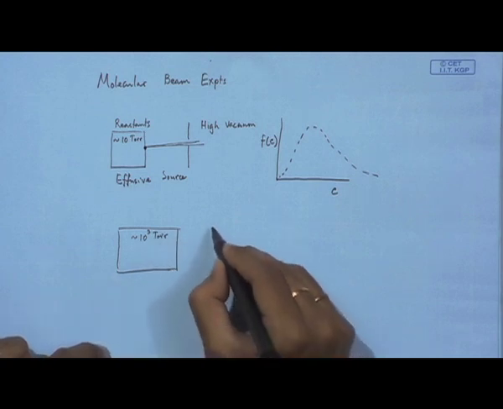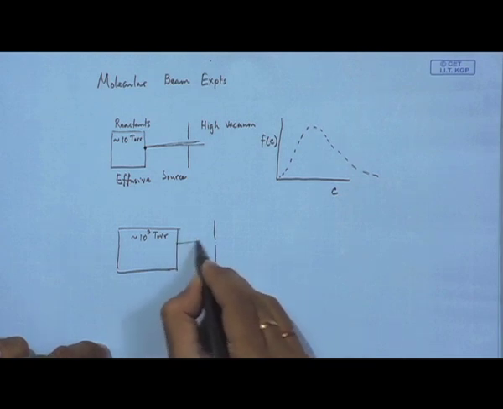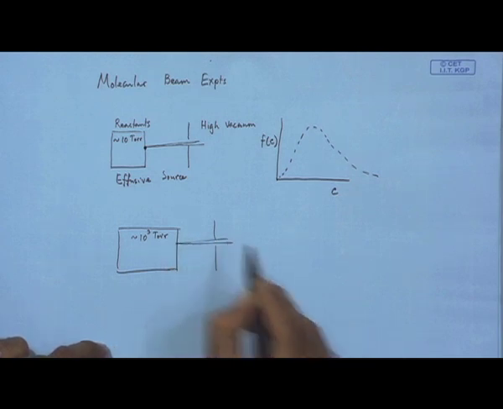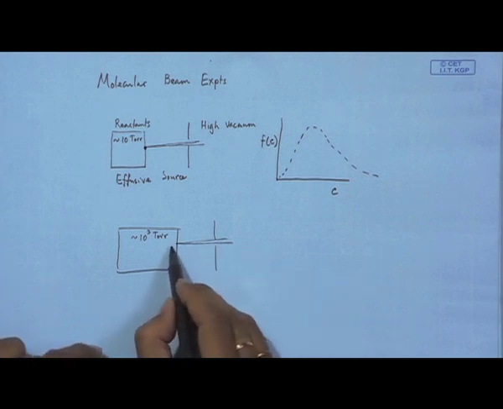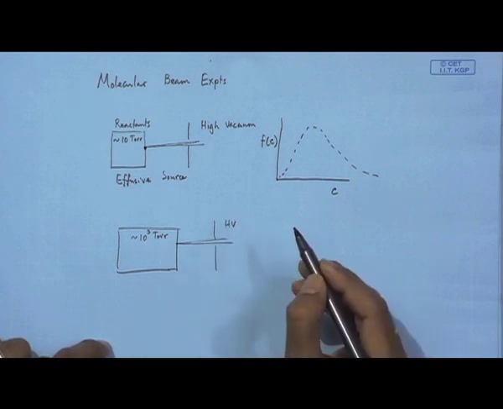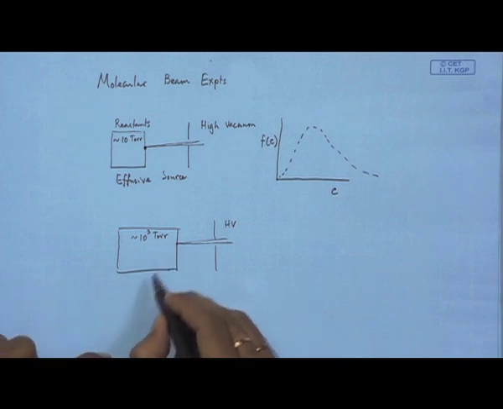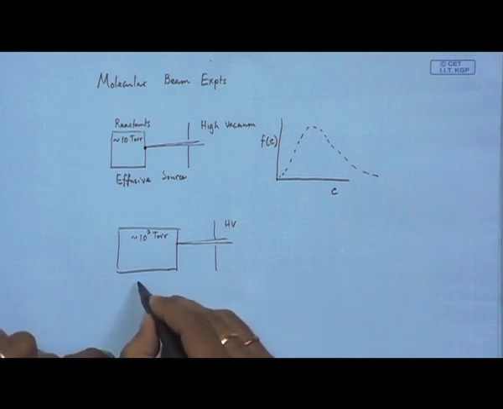And of course, this side is high vacuum. So, the molecules will come from the higher pressure side to the lower pressure side, high vacuum. And this source will act as a supersonic nozzle source.